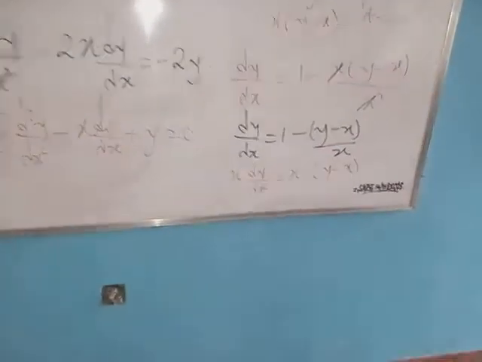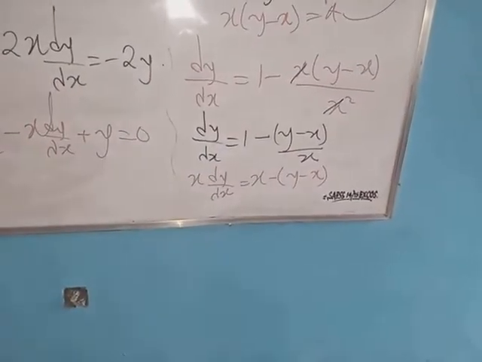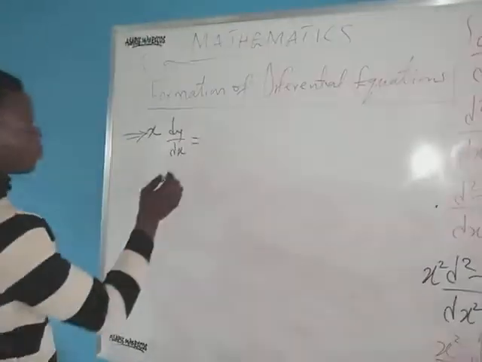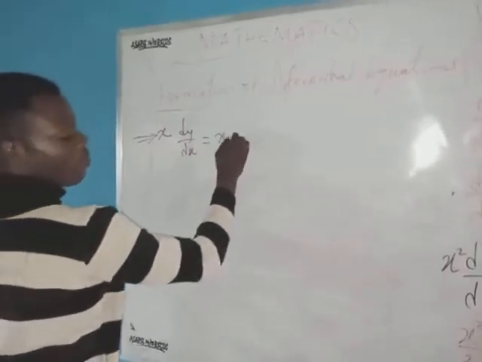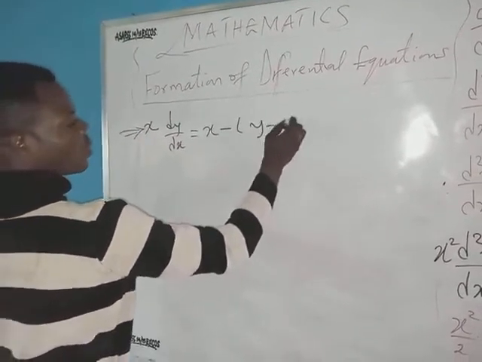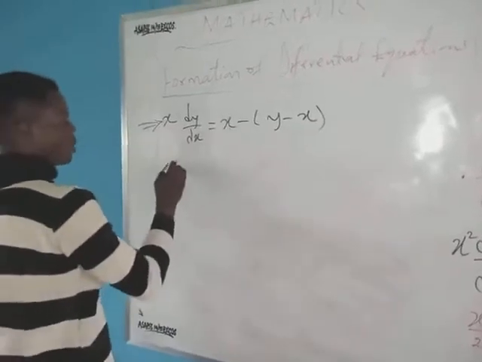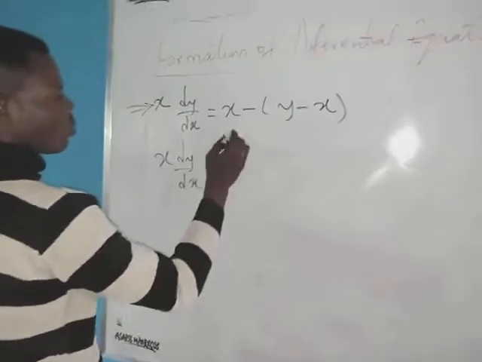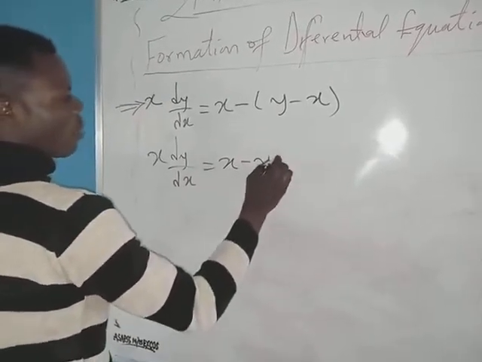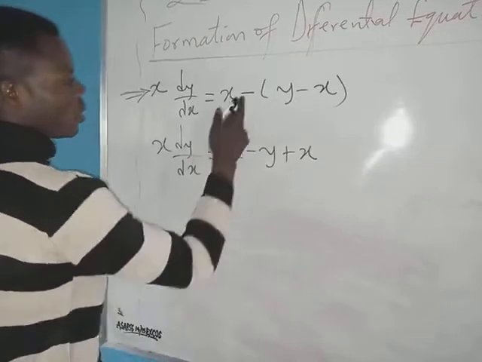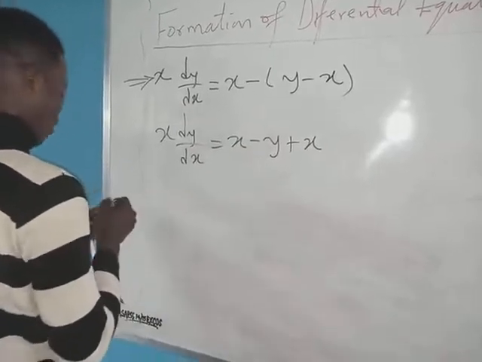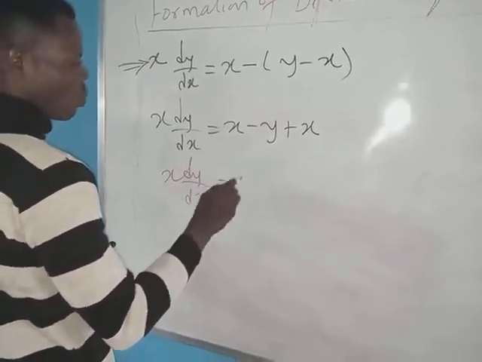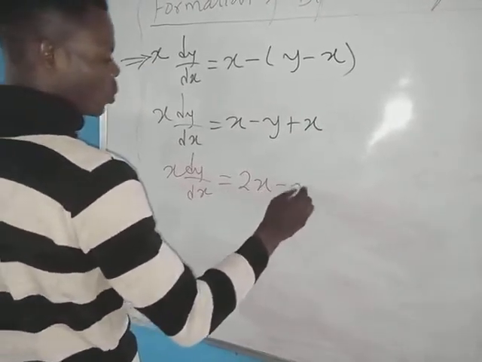This will give us x dy/dx equal to x minus y plus x, and we have x dy/dx equal to 2x minus y.